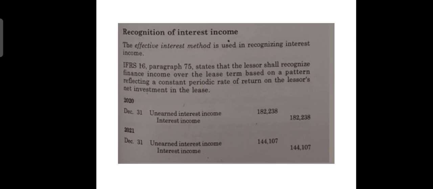On December 31, 2020, unearned interest income is 182,238. The interest income is 182,238. On December 31, 2021, unearned interest income is 144,107. The interest income is 144,107.